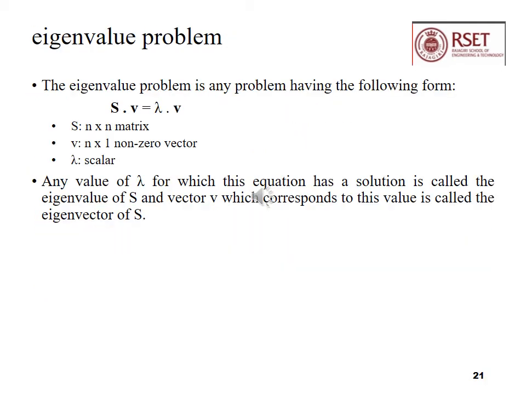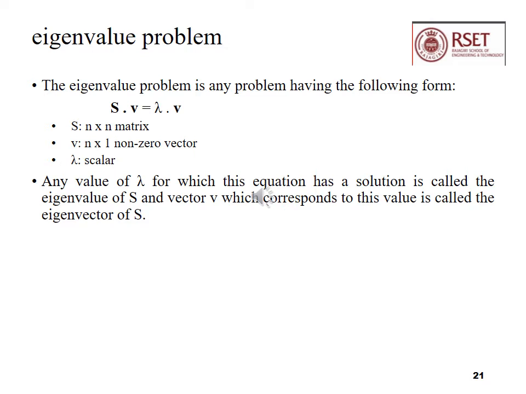Next is what is meant by eigenvalue. An eigenvalue problem is any problem having the following form: S into V equals lambda into V, where lambda is a scalar, V is a non-zero vector and S is an n-by-n matrix.